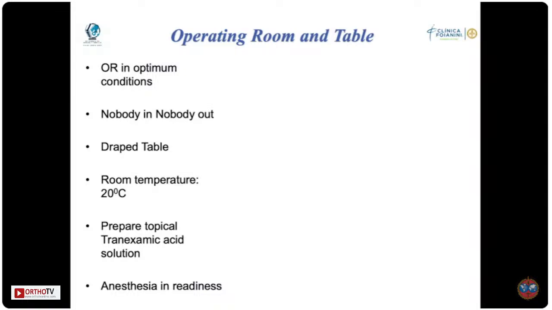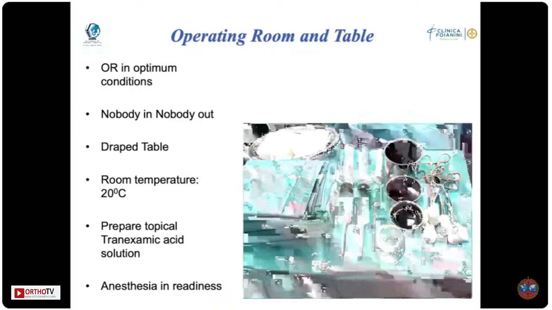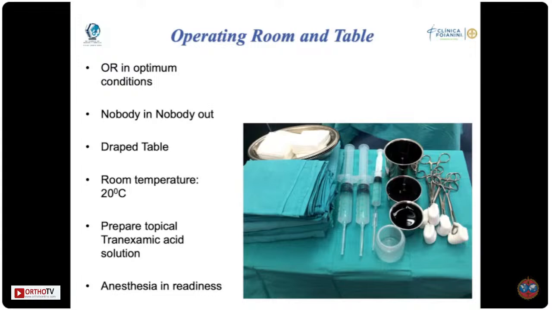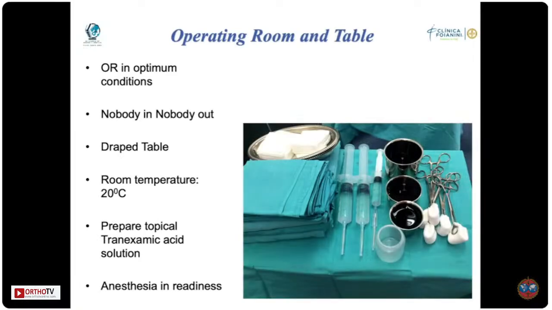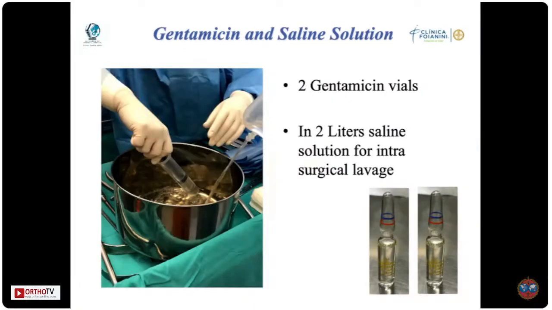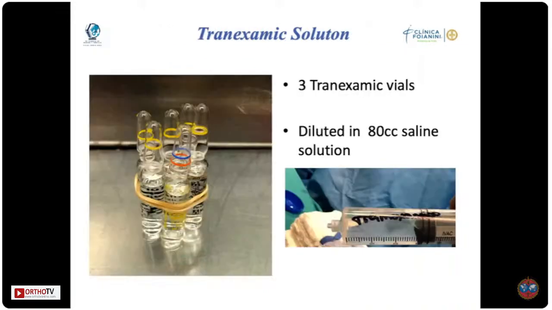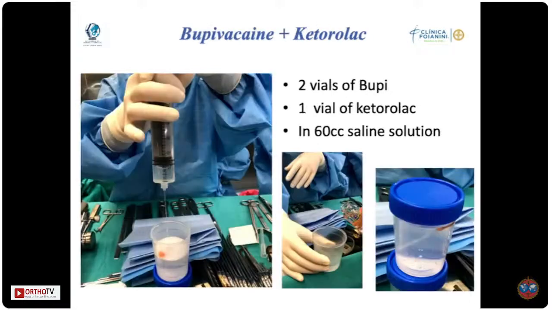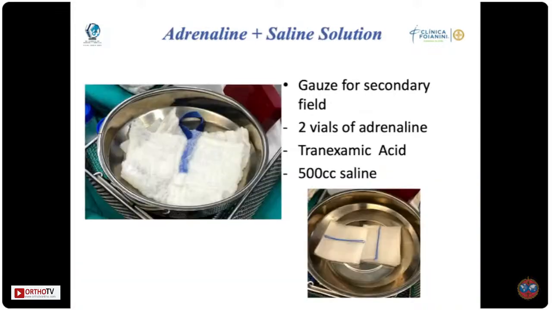Operating room and table. Nobody in, nobody out. Dry table, room temperature 20, prepared topical tranexamic acid, spinal anesthesia. 2 gentamicin vials and 2 liters of saline solution, 3 vials of tranexamic acid diluted in 80 cc saline solution, bupivacaine plus ketorolac, 2 vials of bupivacaine and 1 vial of ketorolac.